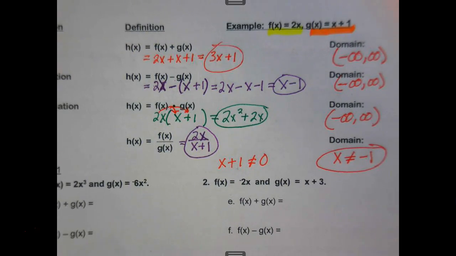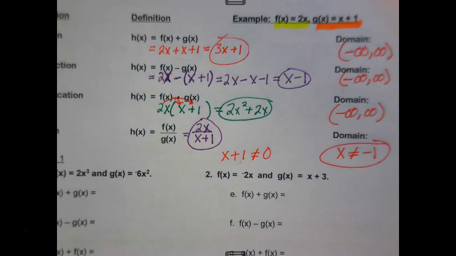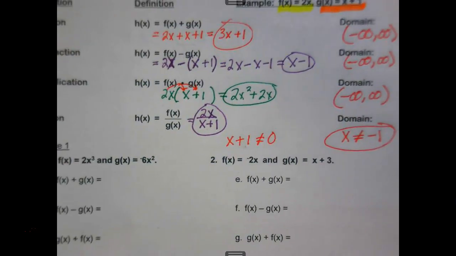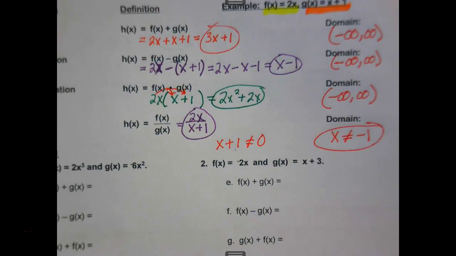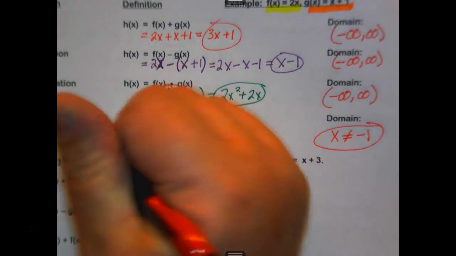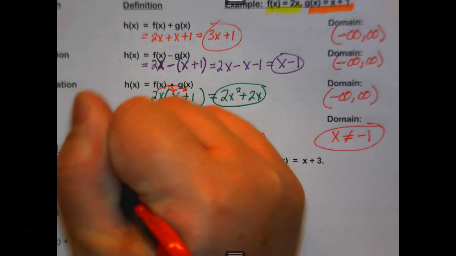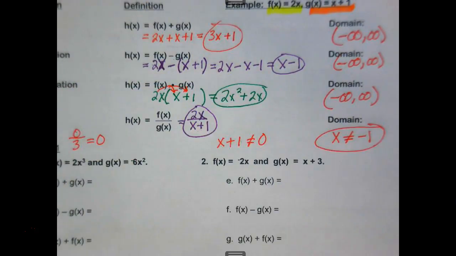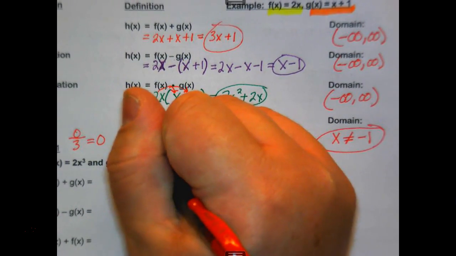Okay. All right, let's look at some more examples here. In any fraction, you can do this, right? 0 divided by 3 is 0, right? Can you do this?